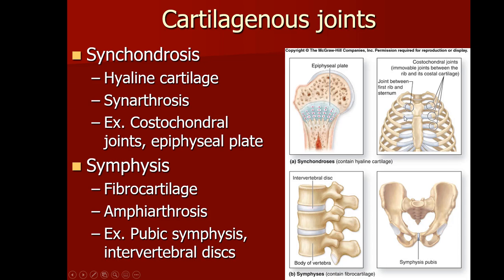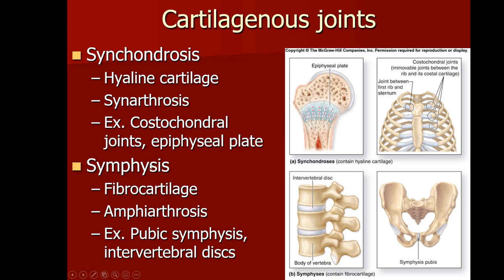And then where the ribs meet the sternum, these costochondral joints. We have hyaline cartilage there, and these should not move. So they're classified as synchondroses, hyaline cartilage, and they don't move, so they're synarthroses.